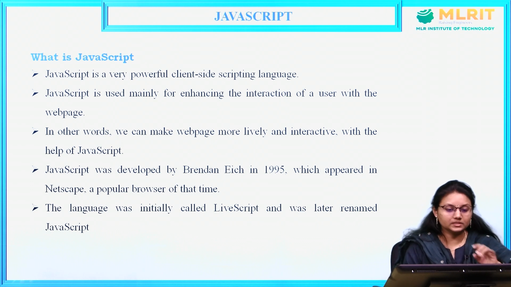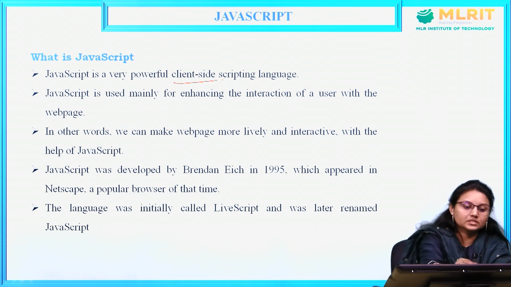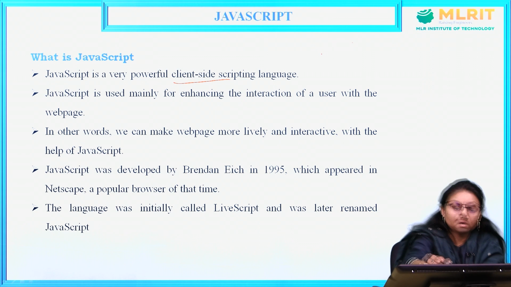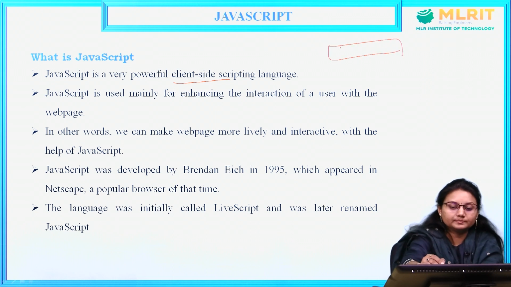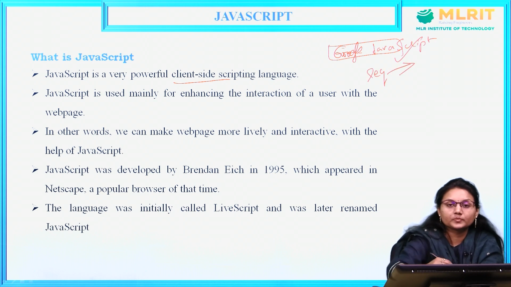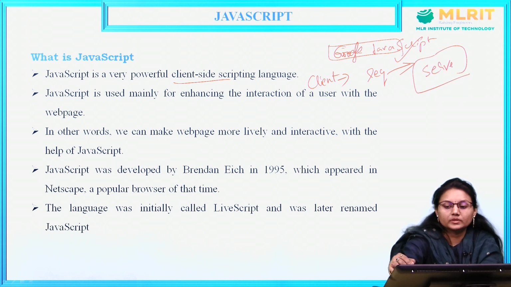Why am I calling it a client-side scripting language? Say you use the Google search engine, and the user enters something in Google, say JavaScript. This is the input request we are sending. Who is sending the request? The client is sending the request. When the client sends the request through the browser, it goes to the server.